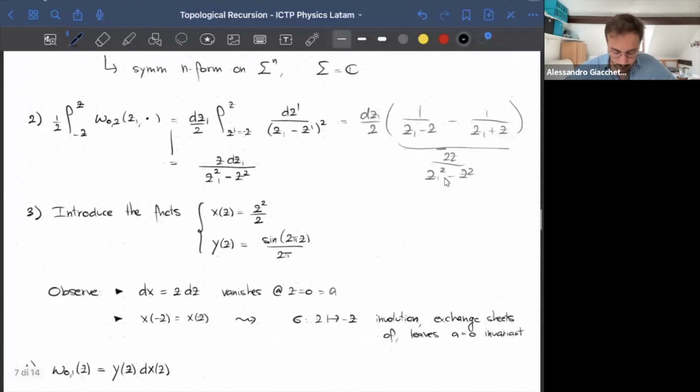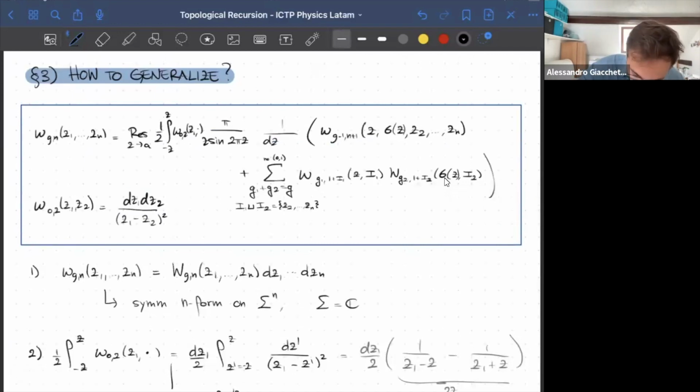And the last observation is the following. If I introduce omega 0,1 to be y dx, in this specific case, when x and y are these two functions, what I get here is exactly z times sine of 2 pi z divided by 2 pi, dz.